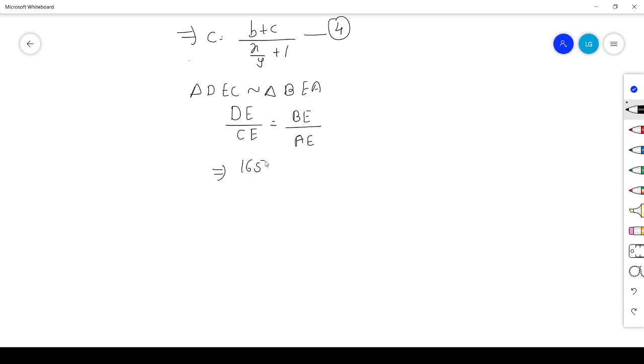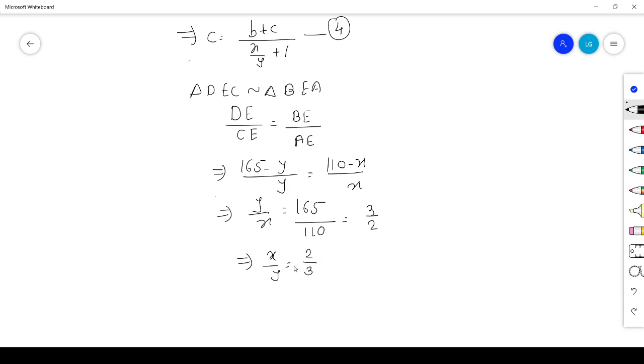So it is 165 minus Y by Y equals 110 minus X divided by X. It will give Y by X equals 165 divided by 110, that is 3 by 2. So the ratio X by Y is 2 by 3.